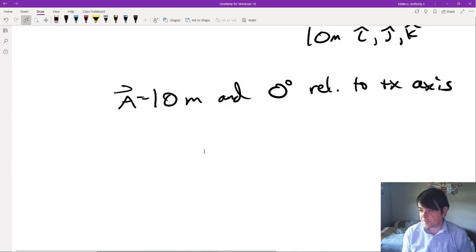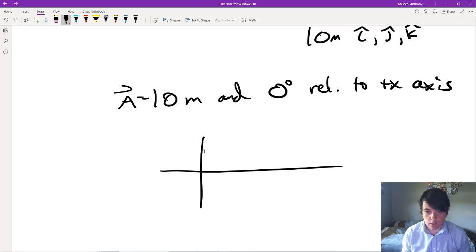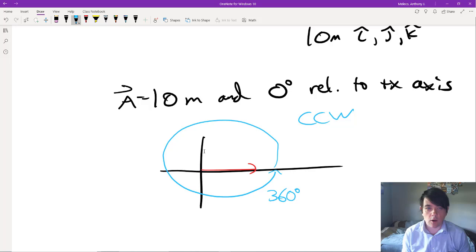What this means is that you have a vector pointing this way, and this entire coordinate system goes around 360 degrees. You do it counterclockwise. So this guy starts at 0, and so this is 0 degrees relative.